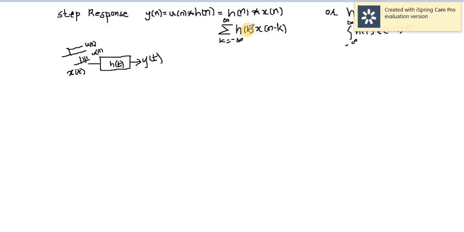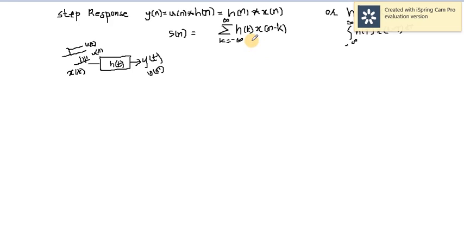To find the equation for step response, let's consider this equation. When the input becomes u of n, the response y of n is referred to as s of n. When the input of the system is the unit step signal, the response is referred to as the unit step response, which is given by the following equation.